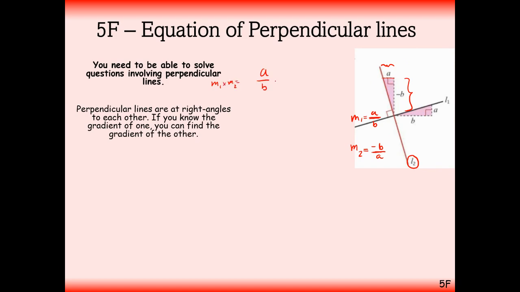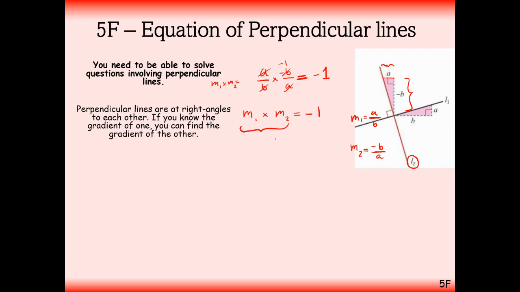Now, if we take m1 and multiply it by m2, what do we get? a over b times negative b over a, the cancellations will give you minus 1. So for any two perpendicular lines, the product of their gradients is going to be minus 1.